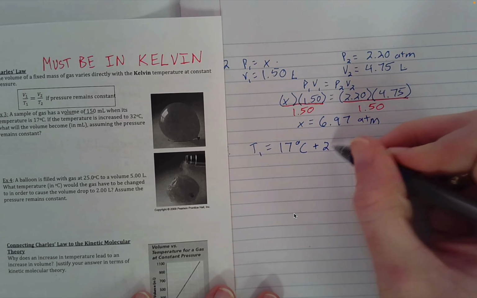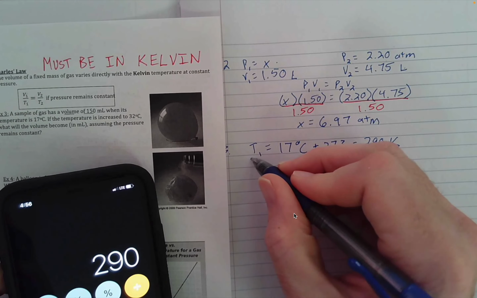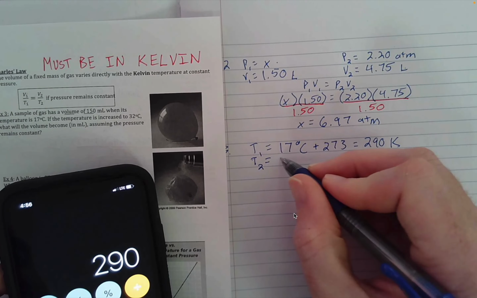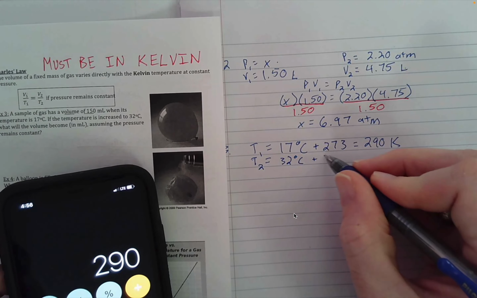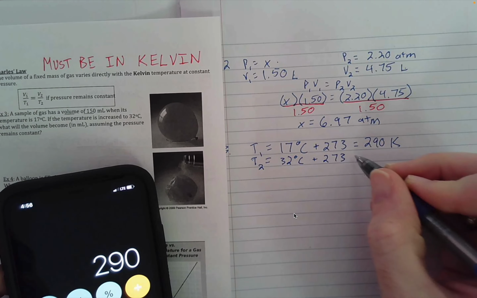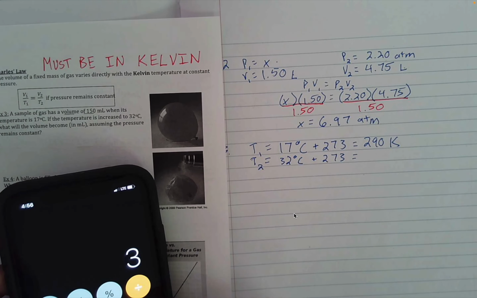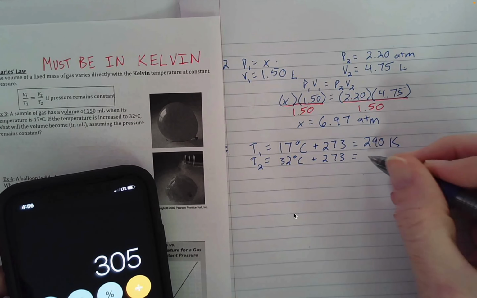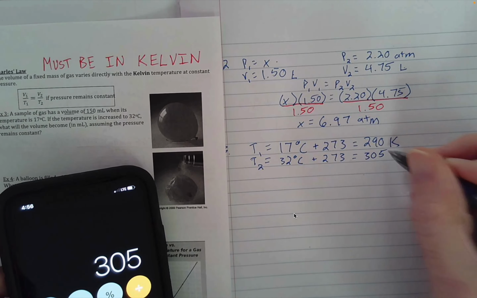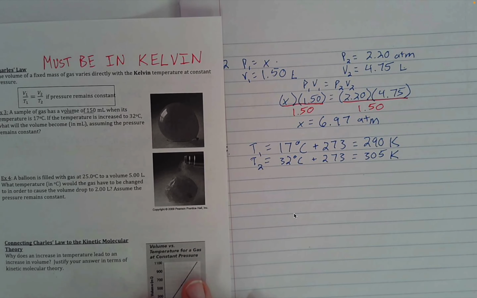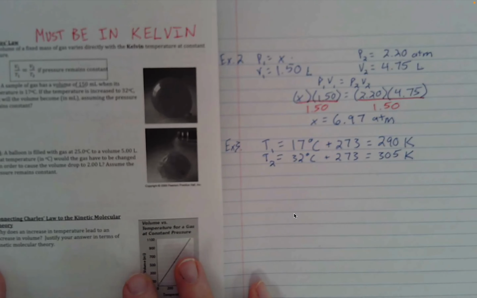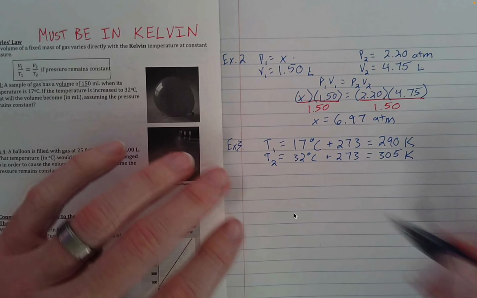Okay. And then we change it to a new temperature. We change it to 32 degrees Celsius, right? So if we add 273 to that, that becomes 305. All right. So you must have the Kelvin temperature. That is very important, or else it will just not work.